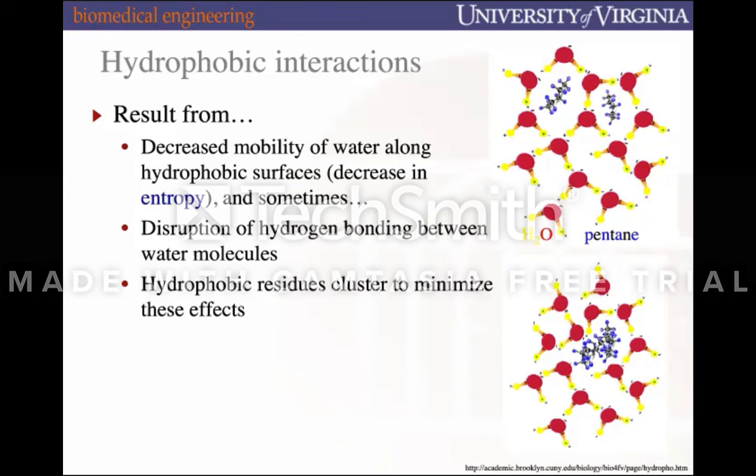Therefore, it has to go down to this new format. Does that make sense? That is confusing, I'm sorry about that. But yes, the system wants to maximize entropy, and because there's no hydrogen bonding occurring, it'll be partitioned off.